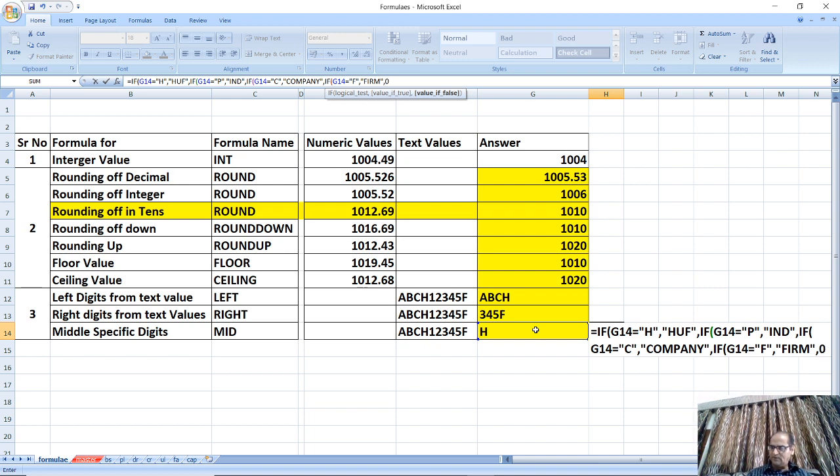And if no value is found in this, then the answer should be 0. And don't try to understand how many brackets you have to close, just leave it to Excel, it will deal with it.